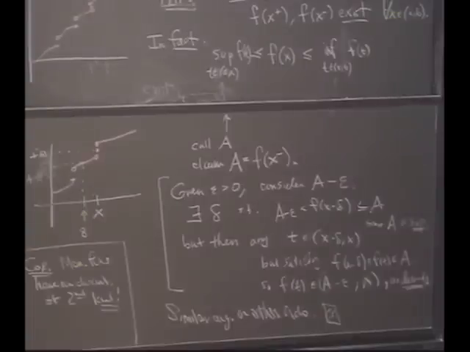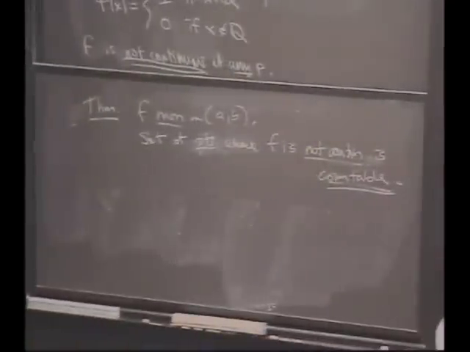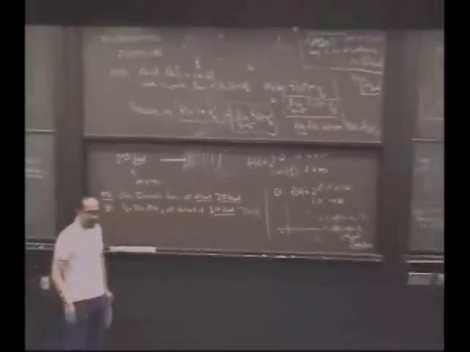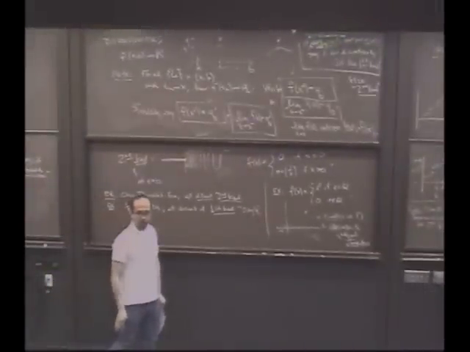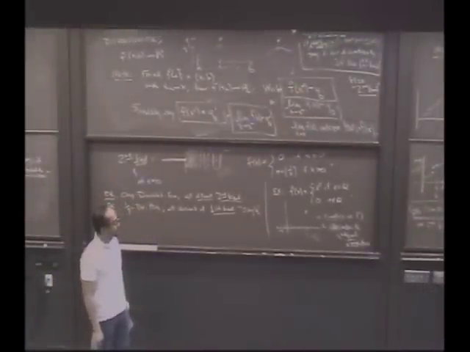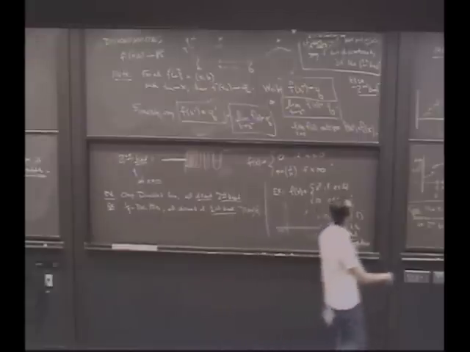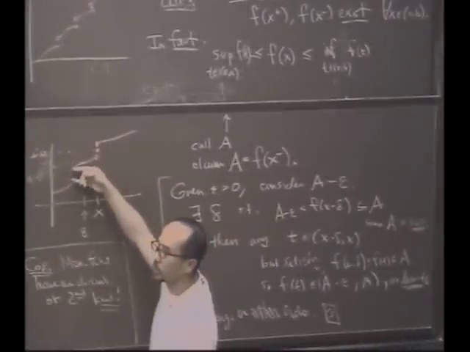Let's see. Well, for every point, it has a left limit and a right limit that exists, yes? Okay. Yeah, so Aaron's saying, look, this point has a left limit and a right limit. Okay.